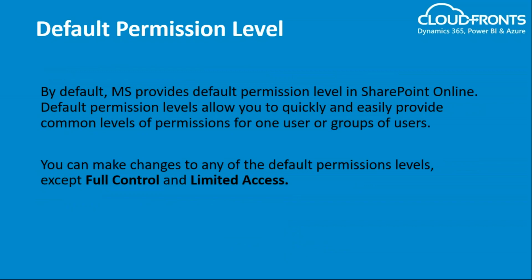Now, default permission levels. By default, Microsoft provides default permission levels in SharePoint Online. Default permission levels allow you to quickly and easily provide common levels of permissions for one user or a group of users. You can make changes to any of the default permission levels except Full Control and Limited Access.